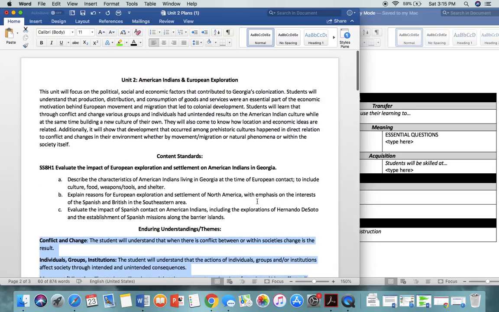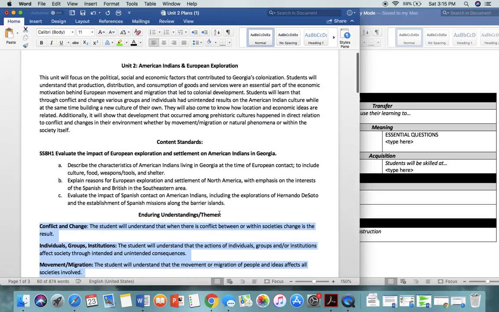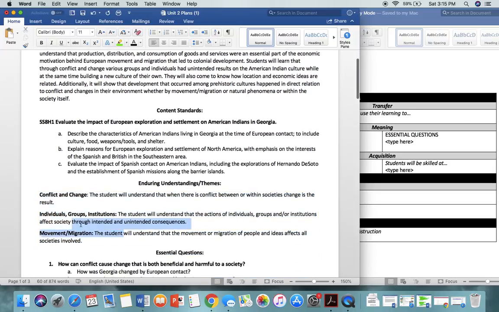planning these units with the end in mind, and using this to guide what I'm going to be doing with my students so that their learning is not in a vacuum, and it's not something that they're going to lose once they step outside of my classroom and move on to bigger and better things.